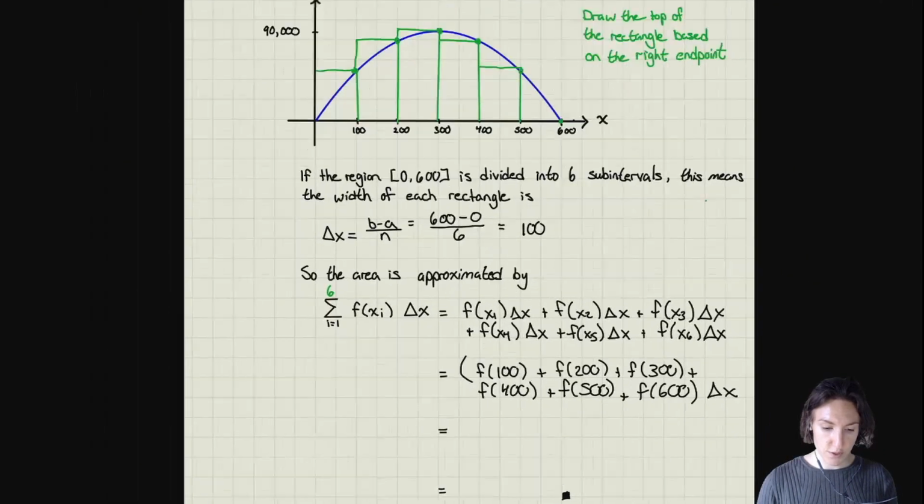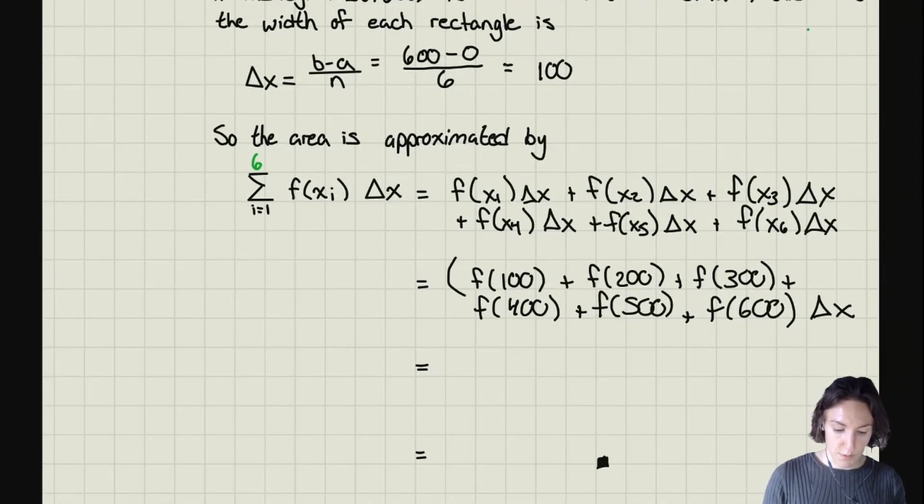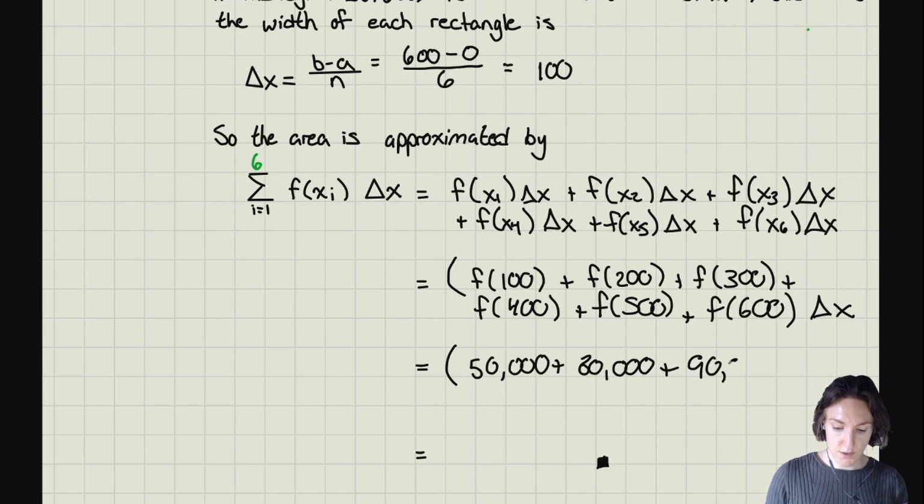Okay, if you actually plug in these values, for the first one we would get 50,000. And then we would get 80,000. The max is going to be at 90,000. And then due to symmetry, we're going to have 80,000 again, 50,000.